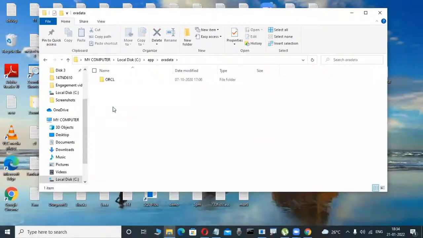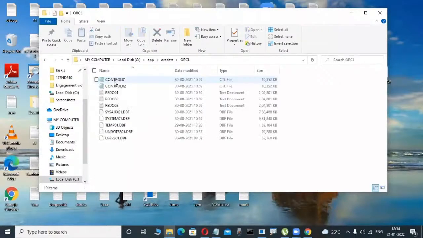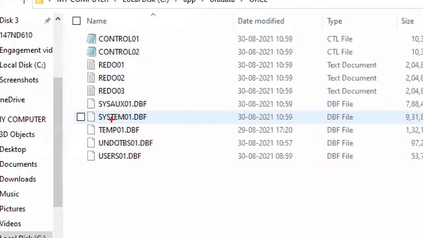Here, Oracle, Oradata, ORCL. I'm observing only. Now in C colon I installed my Oracle software. In this Oracle software, is the Z table visible or not visible? Anybody guess it?